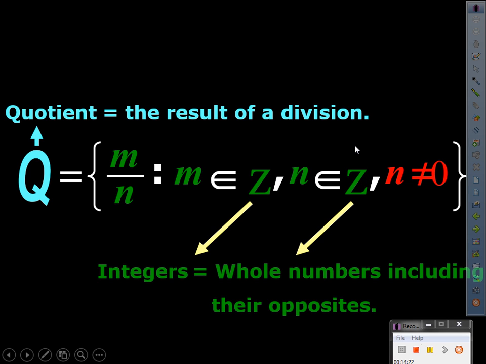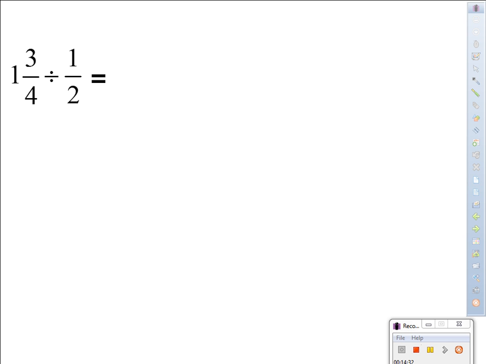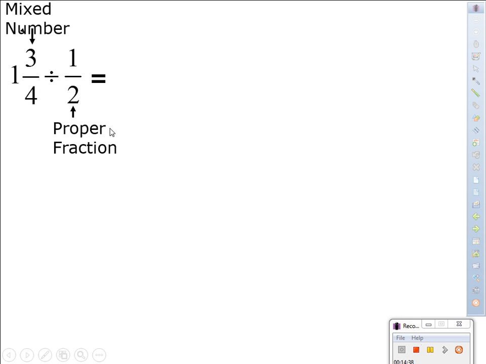Now let me show you why this matters when we do dividing fractions by fractions. Here it goes. Pay attention, please. If we have these two, this implies this. Do you agree? This divided by this is the same as writing it like this. Is that correct?